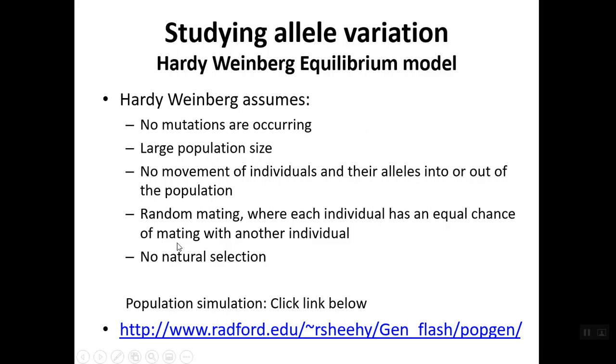Another important assumption is that random mating is happening in the population. Of course, if somehow artificial mating is happening, it's almost like artificial selection, and this would definitely disrupt that randomness and equal possibility of allele combinations. So you want random mating to happen among individuals in the same population.